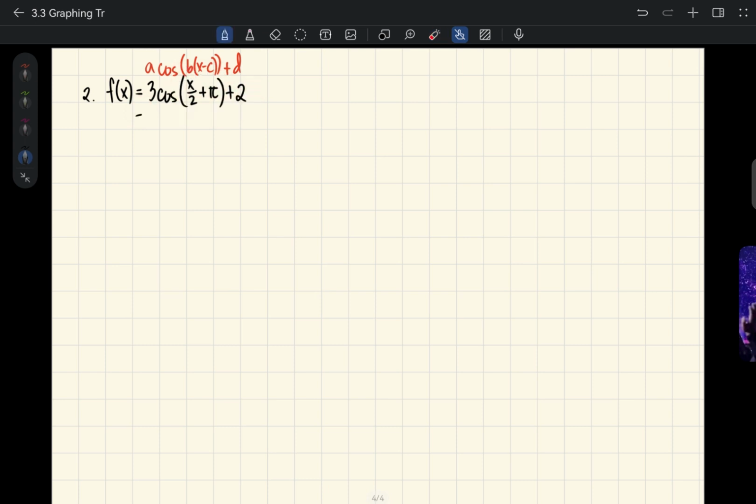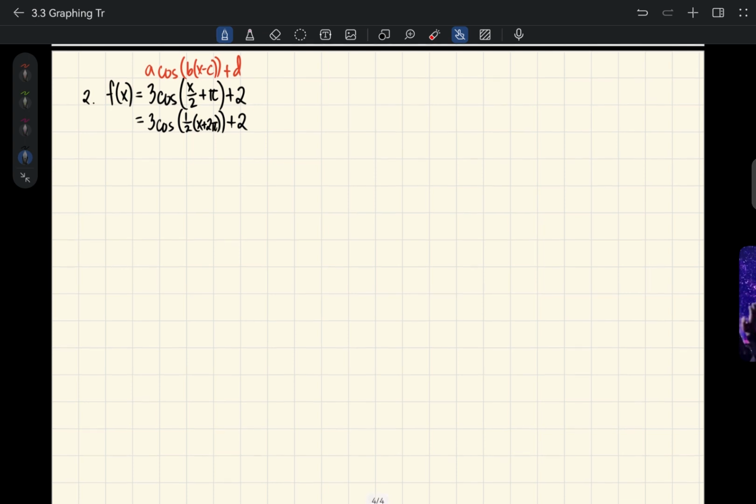Since there's a 1/2 multiplied to x, we need to factor out 1/2. So we have 3 cosine of 1/2 times, so we have x right here, plus, so what we'll do is divide pi by 1 over 2. So we get right here 2 pi.